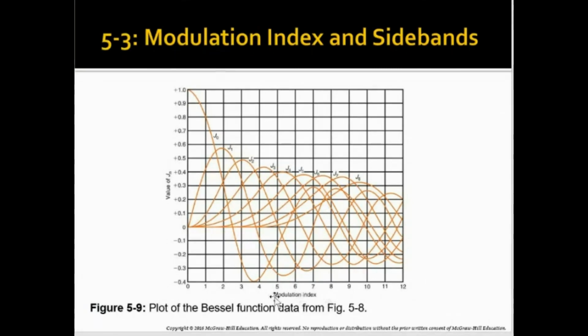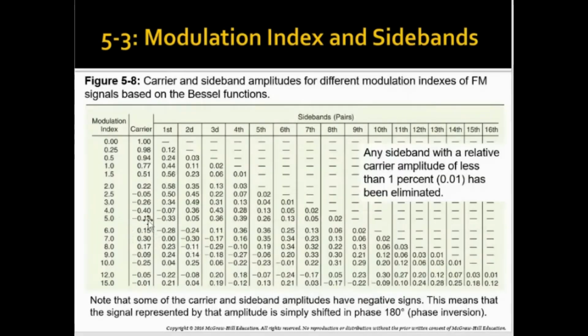For example, you look at your modulation index, let's say 5. Then you need to search in this modulation index, what is your carrier amplitude? Here you can see it is negative, minus 0.1 something. You can see here 0.18 is your carrier amplitude, negative for modulation index 5.